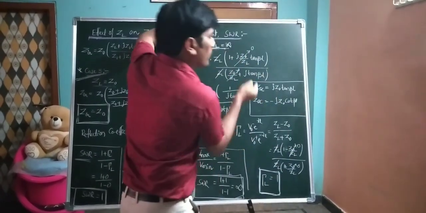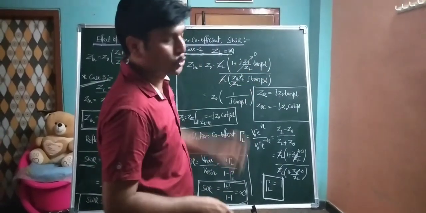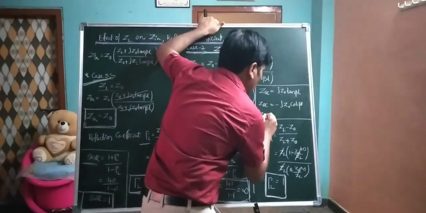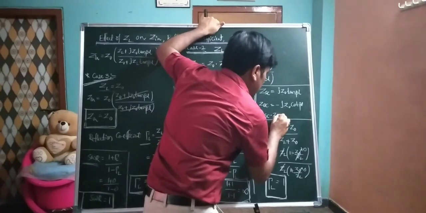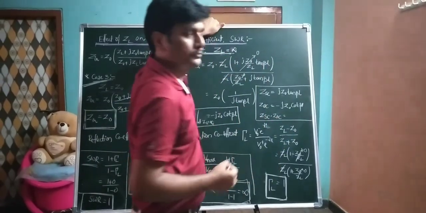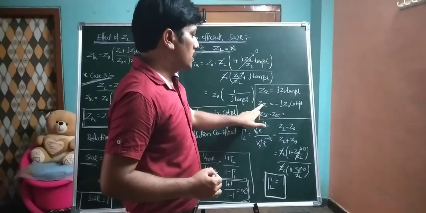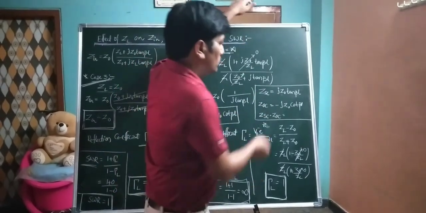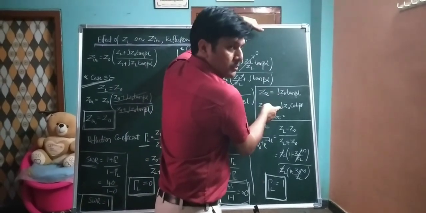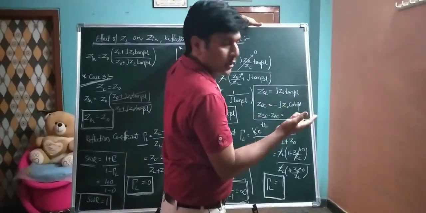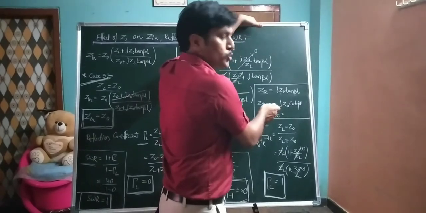If you are performing the multiplication of these two, Zsc into Zoc is just the product of these two. J into J becomes j square. We know j square is negative, and already a negative sign is present.